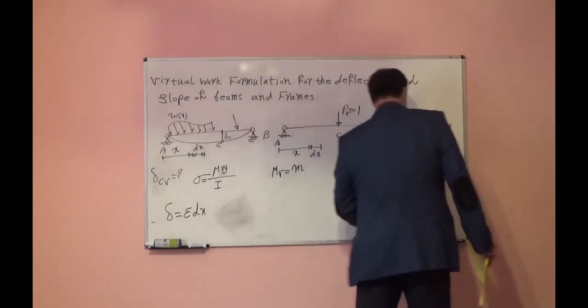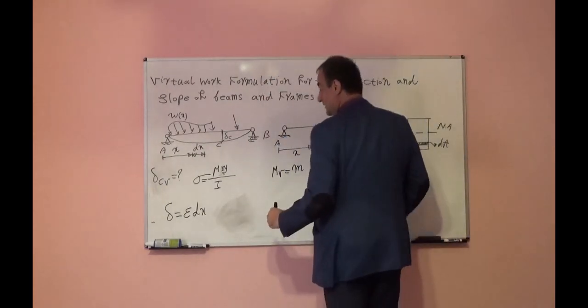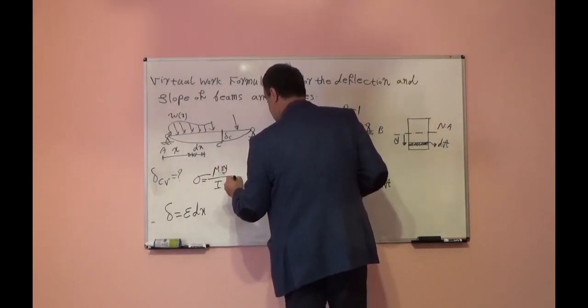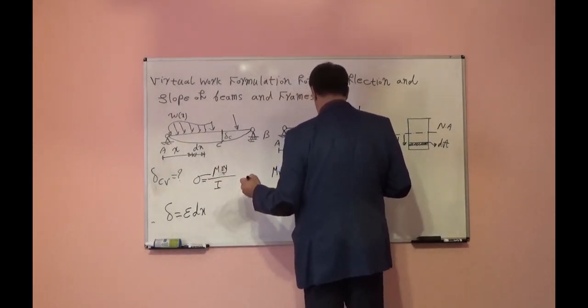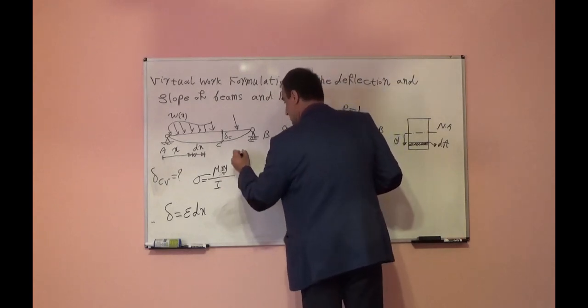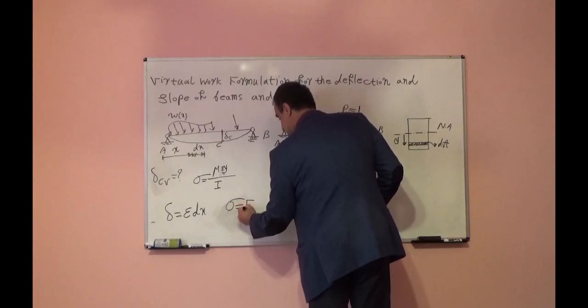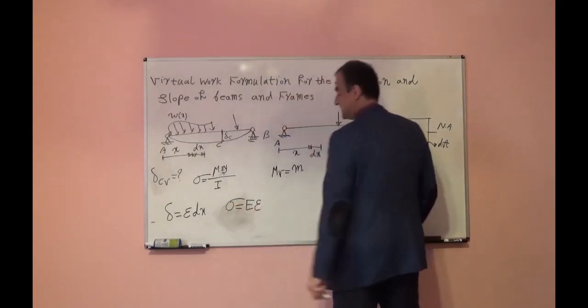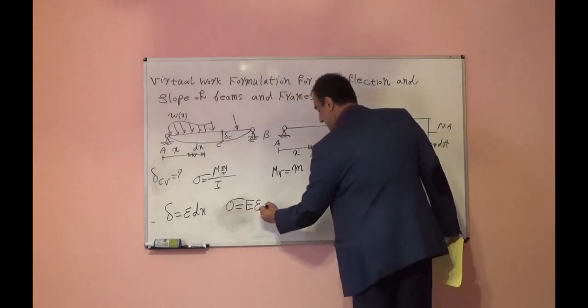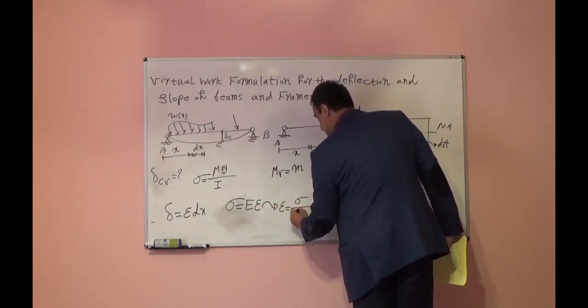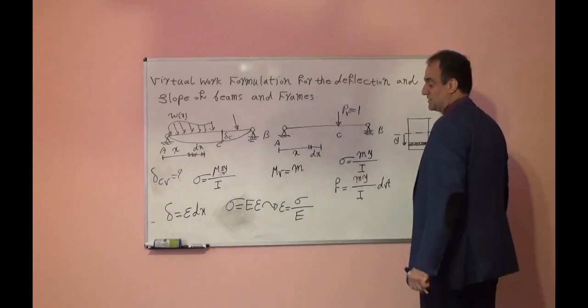From here, I can plug in this term, because I know what epsilon is. Hooke's law says stress sigma is equal to E, Young's modulus, times epsilon. So instead of epsilon strain, you can put stress divided by Young's modulus.